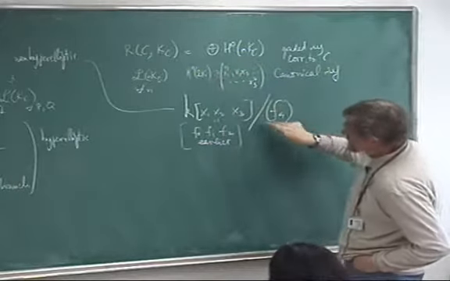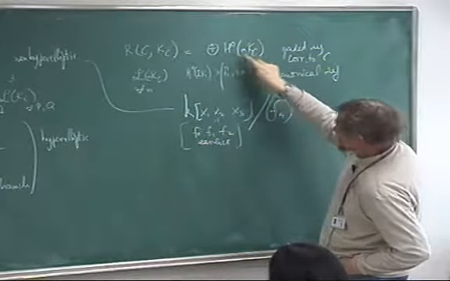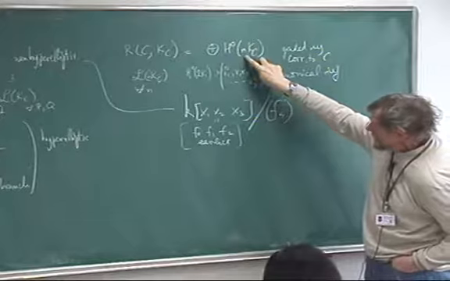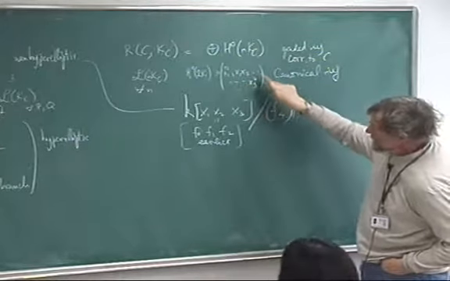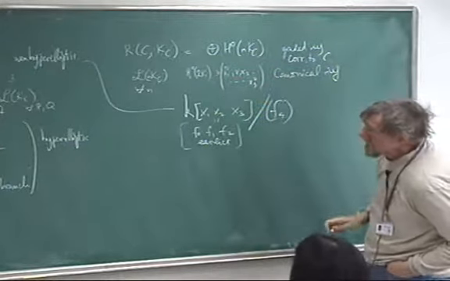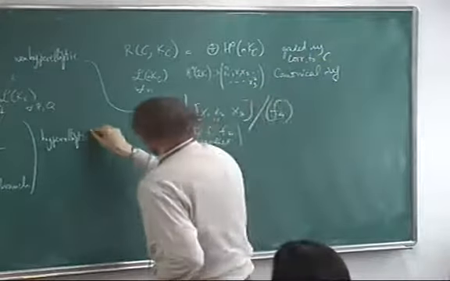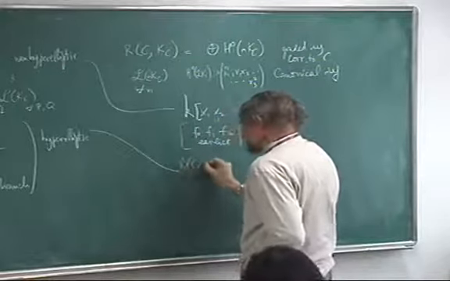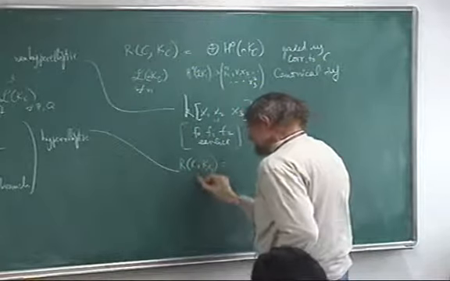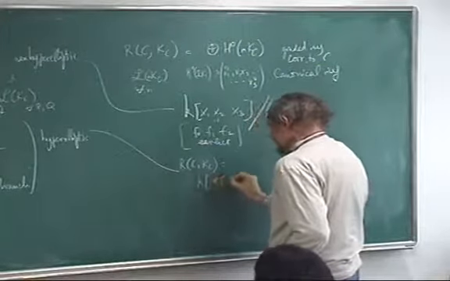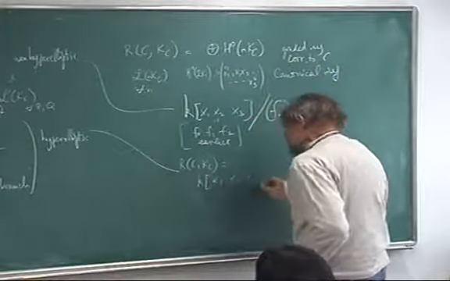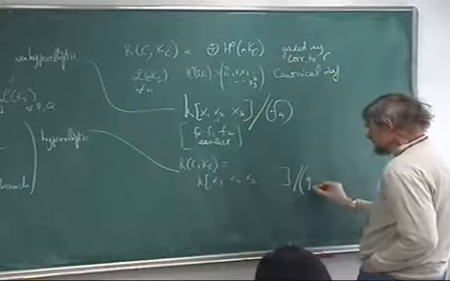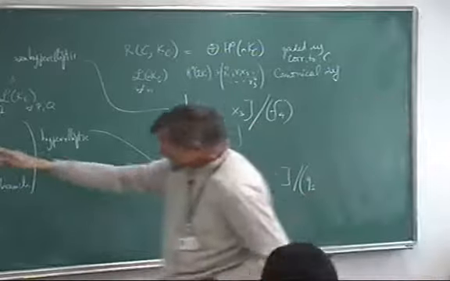In degree 4, the space H0 of 4K is 14-dimensional, as you can check by Riemann-Roch, whereas there are 15 monomials here, so there must be a relation.